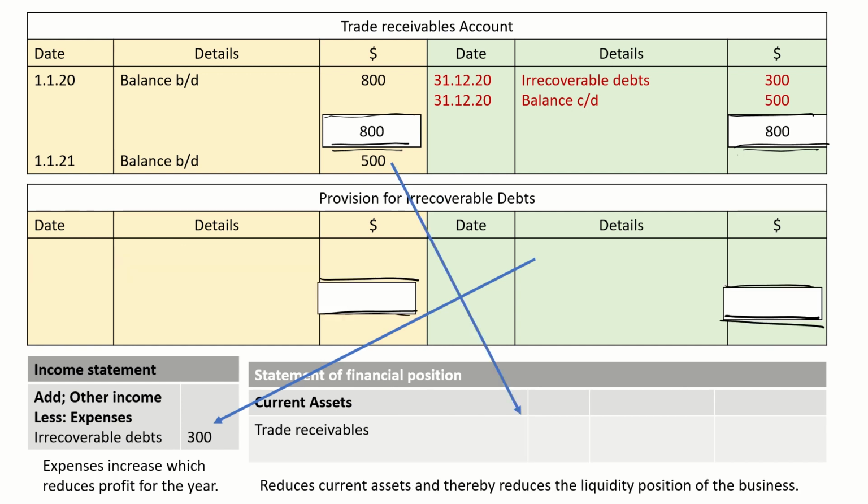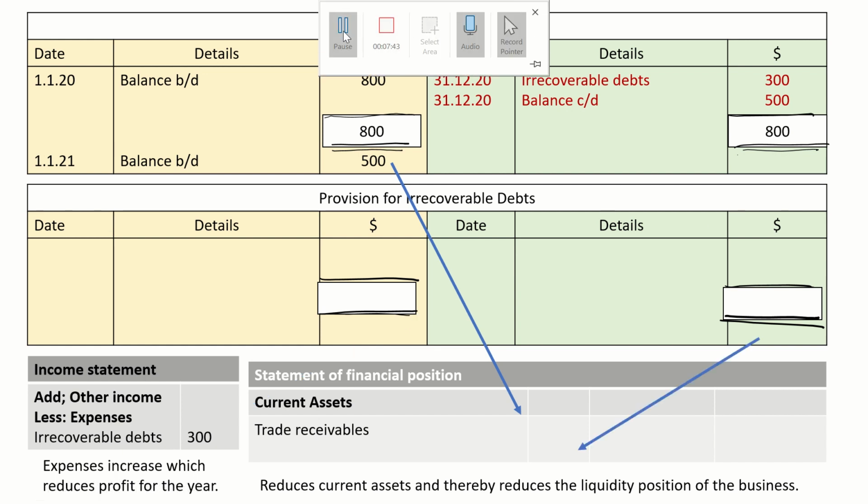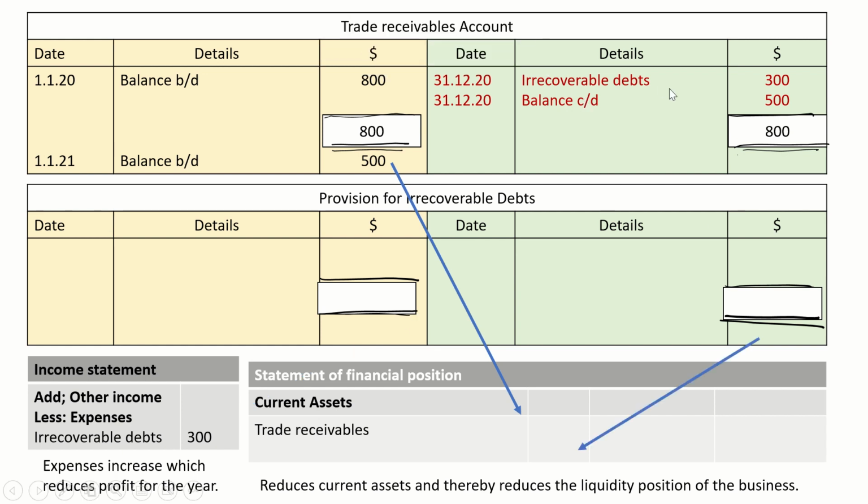Now we are going to account for provision for irrecoverable debt. So we already had done the calculations for provision for irrecoverable debt, which is worth 90. First you find out if you have any opening balance. 1st of Jan 20 balance brought down 0. For the current year, you calculated a provision for irrecoverable debt worth 90.